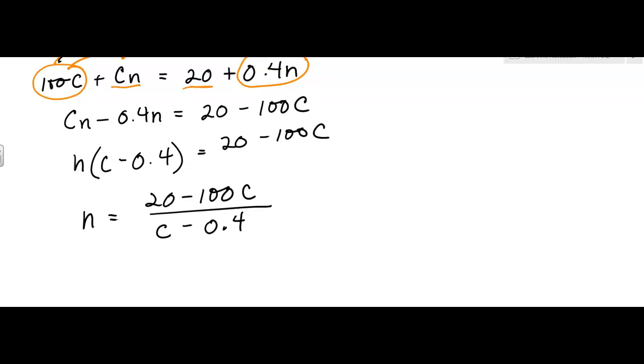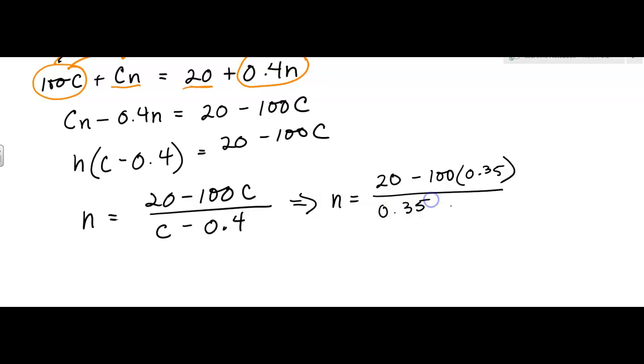All right, let me go back to my formula. So we're going to get here n is equal to 20 minus 100 times 0.35. Those of you going into nursing, make sure you put the 0 before your decimal. And then 0.35 minus 0.4.